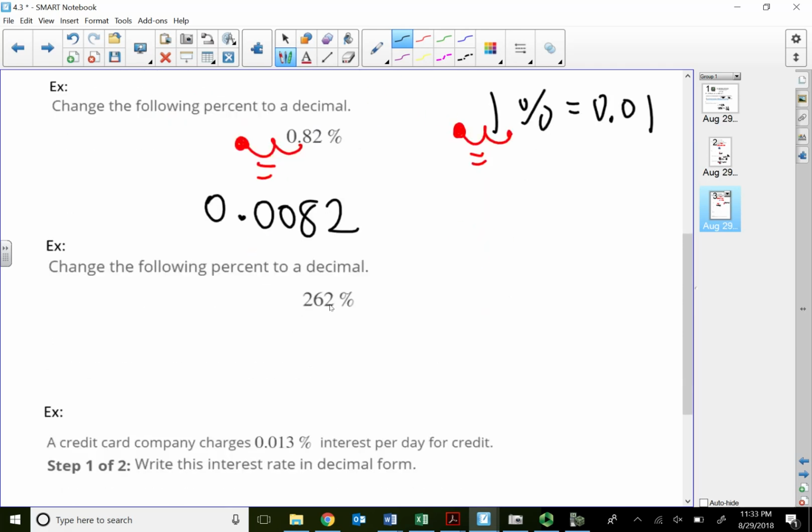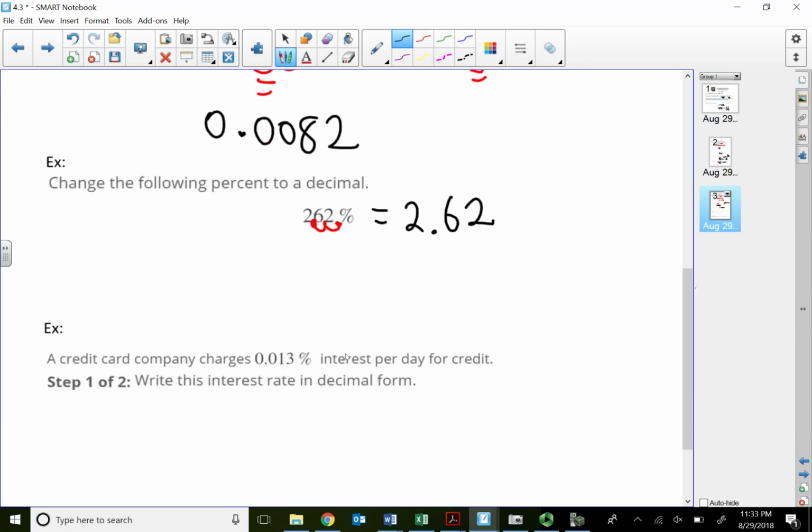All right, 262%, convert to decimal notation: divide by 100, or move the decimal that was behind the whole number 2 to the left two places. Either way, you end up with 2.62. Like I said in the previous video, anything higher than 1 is over 100%. That's what that means.